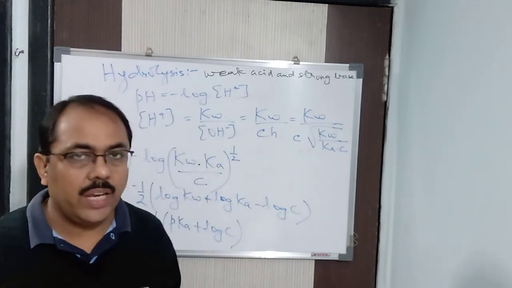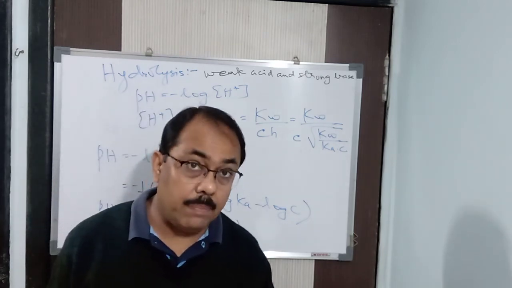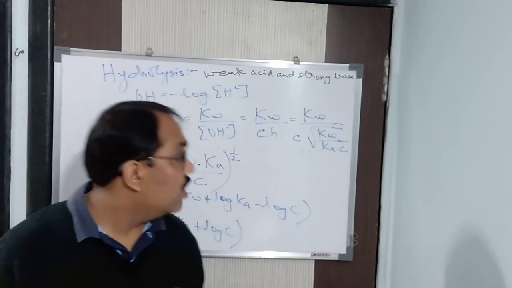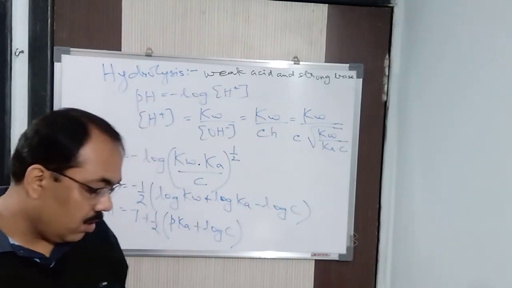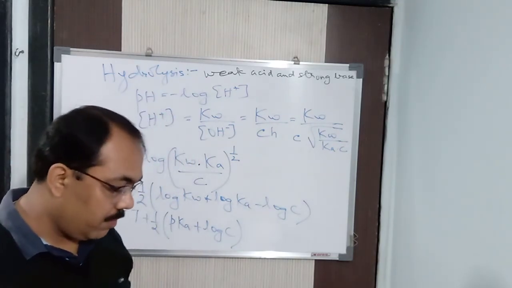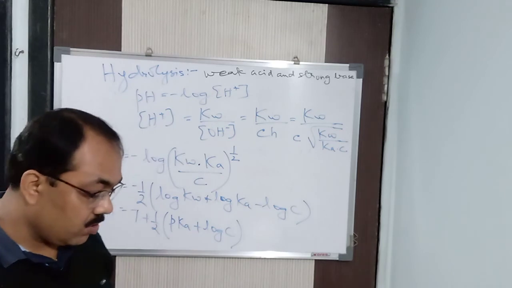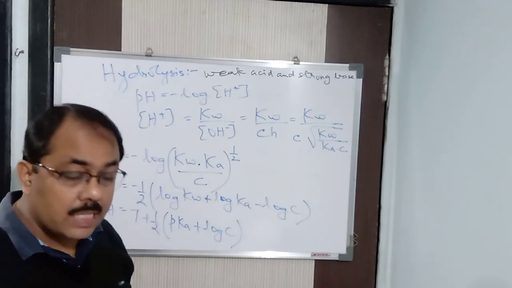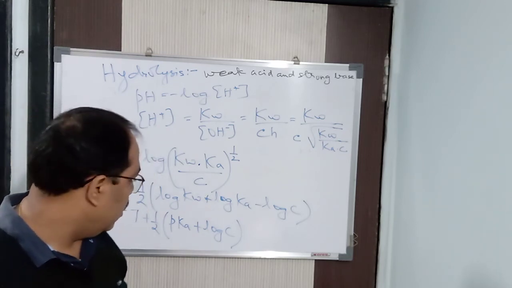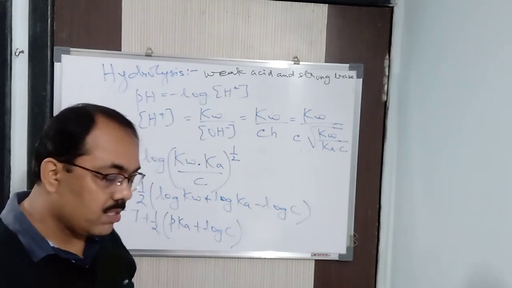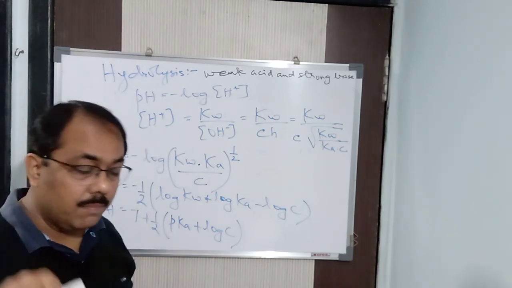You can write it down: Kh is equal to Kw by Kb, and h is equal to root over Kw by Kb into C. This is the salt of strong acid and weak base, the next category. pH is equal to half within bracket pKw minus pKb minus log C, or pH is equal to 7 minus half within bracket pKb plus log C.